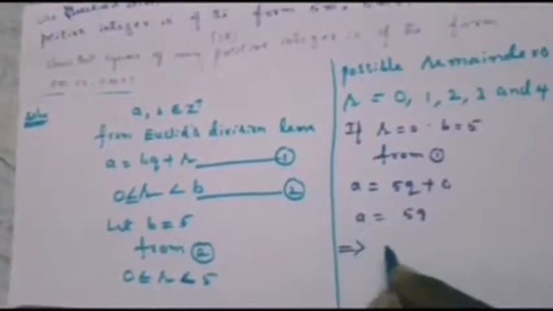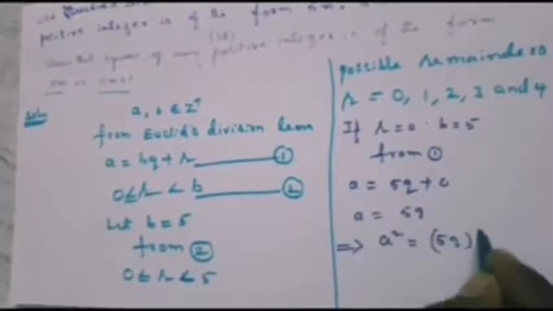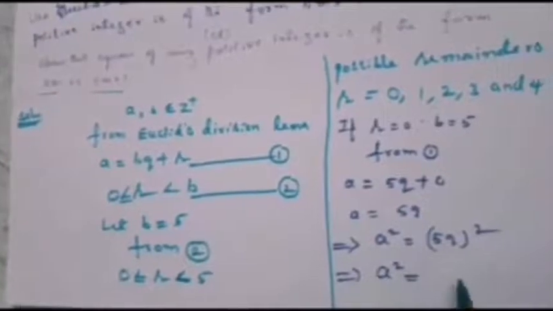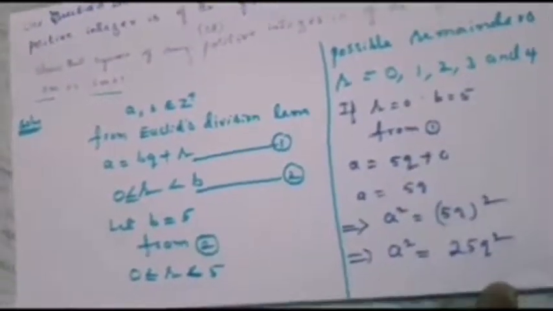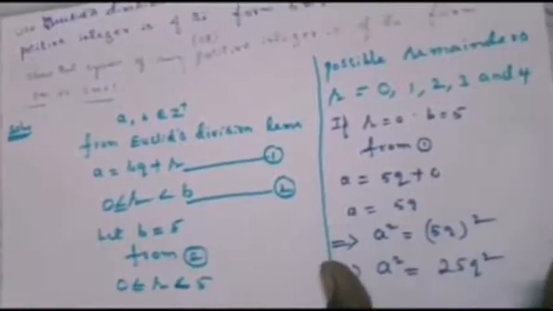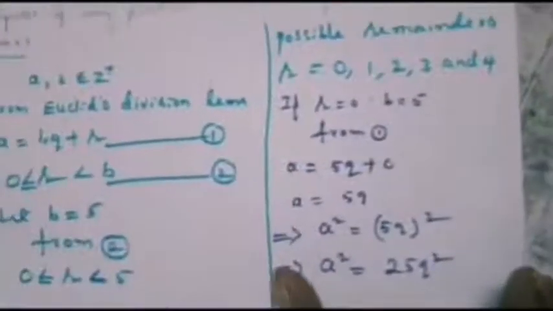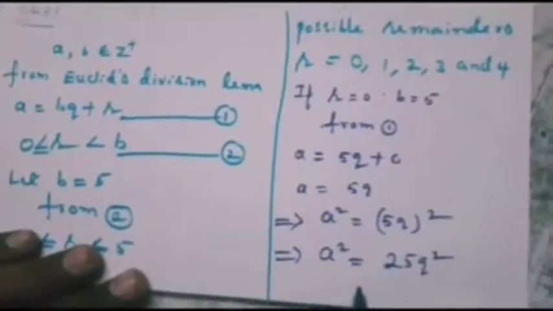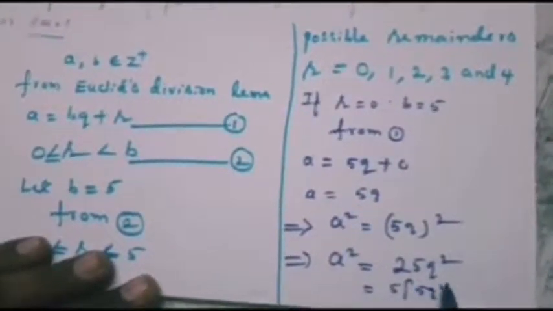That implies a square equals 5q whole square, which implies a square equals 25q square. Now let us take out 5 common: 5q square.